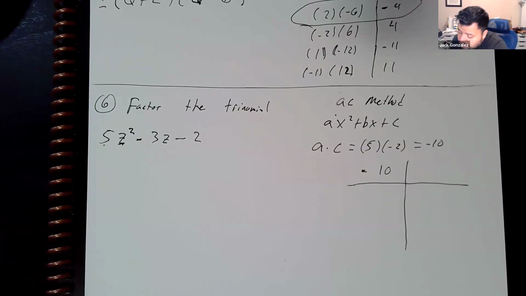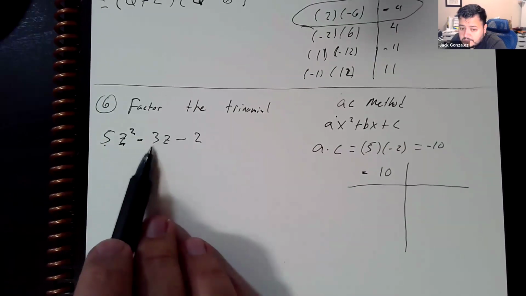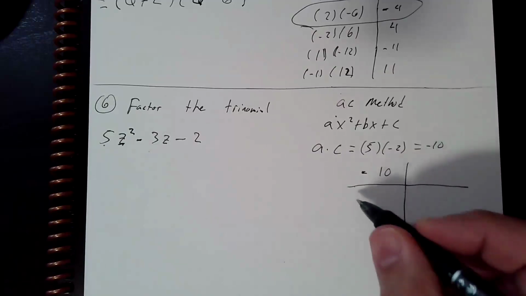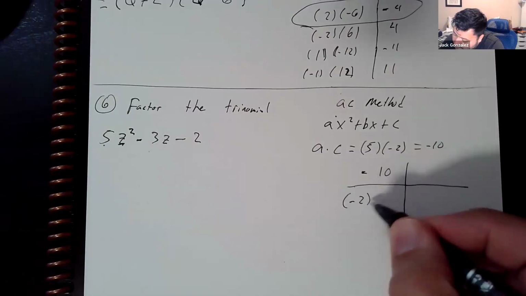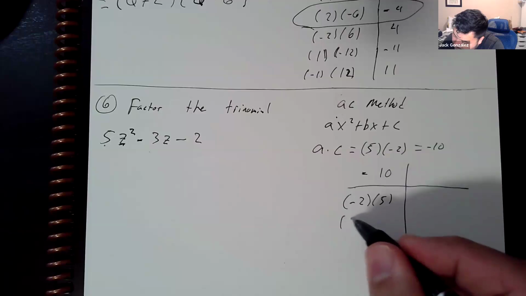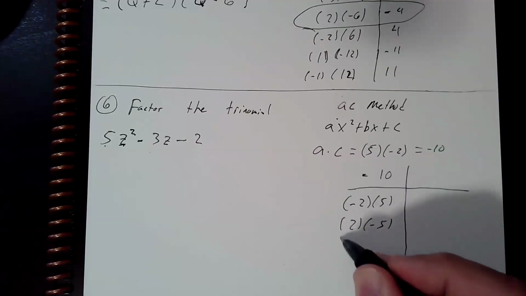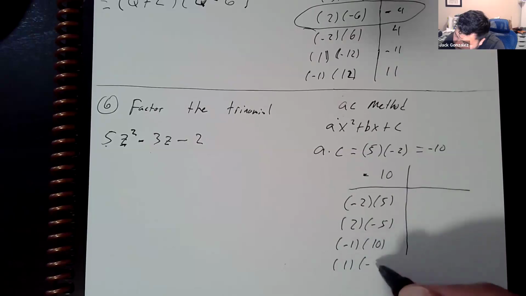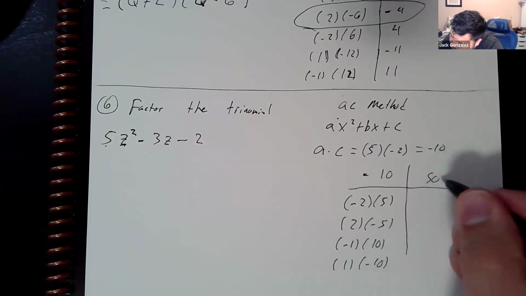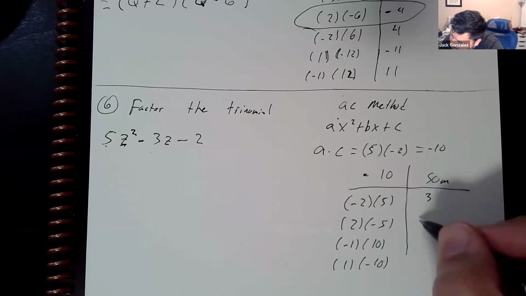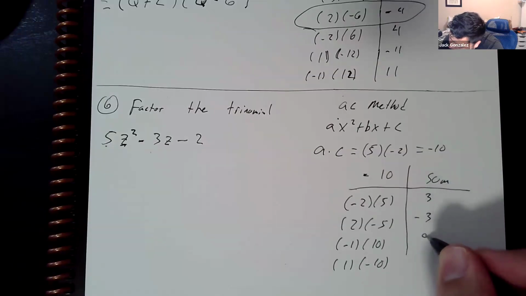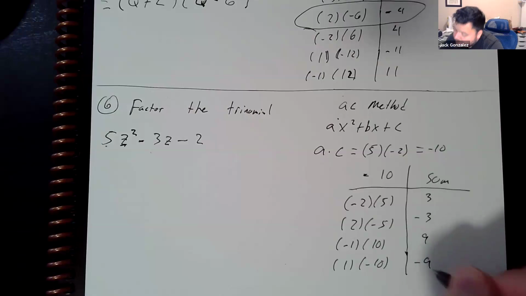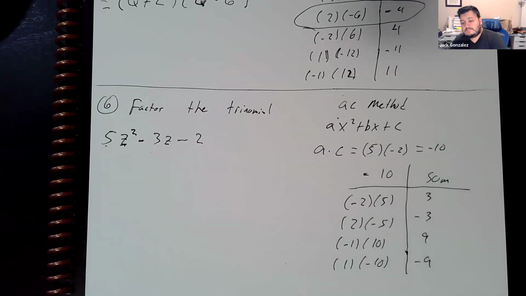So factors of negative 10 that add up to negative 3. So here we go. Negative 2 and 5. 2 and negative 5. Negative 1 and 10. 1 and negative 10. Sum them up. That gives us 3, minus 3, 9, and minus 9.